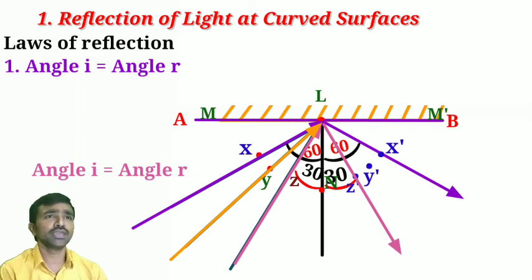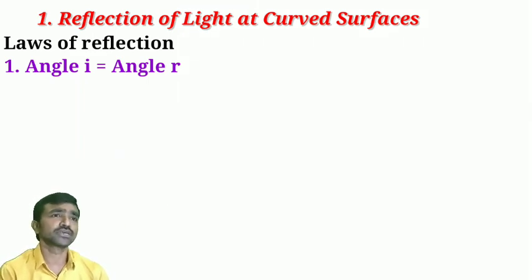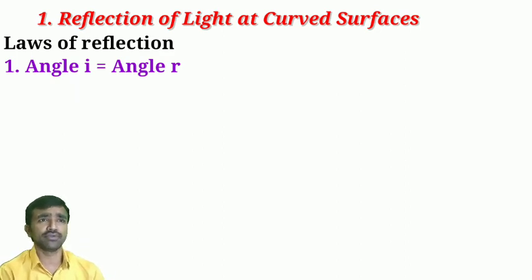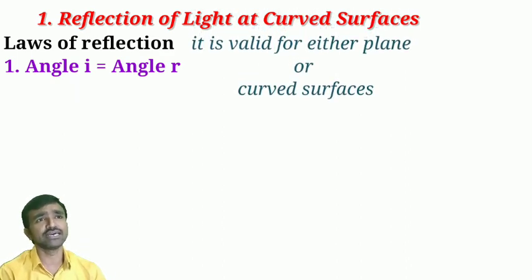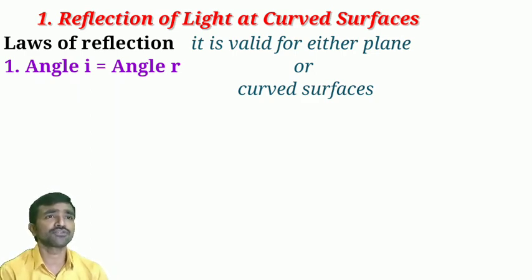Here you may ask me whether the law of reflection is valid in every case. It is valid for any mirror, whether a plane surface or a curved surface, so long as it is a smooth polished surface. So angle of incidence equal to angle of reflection will be verified.